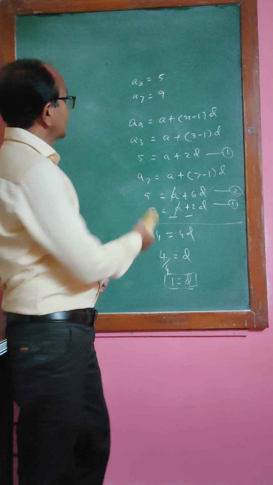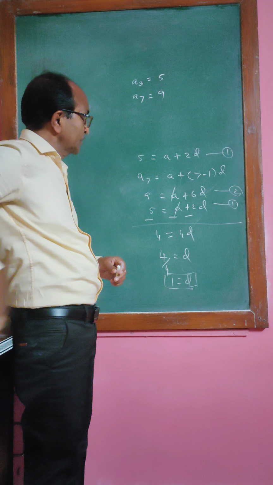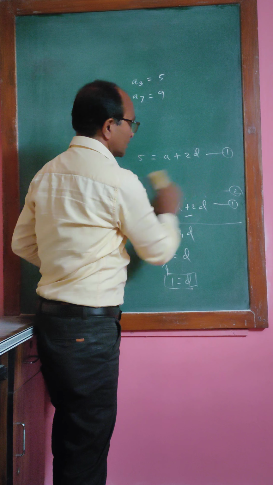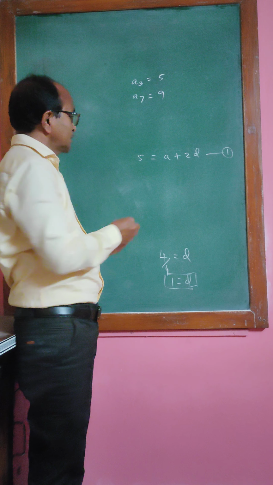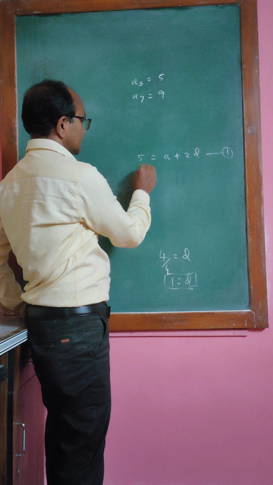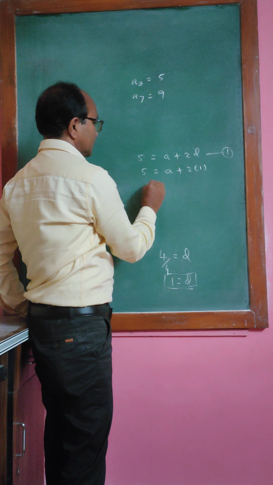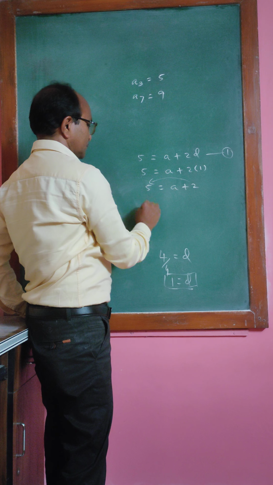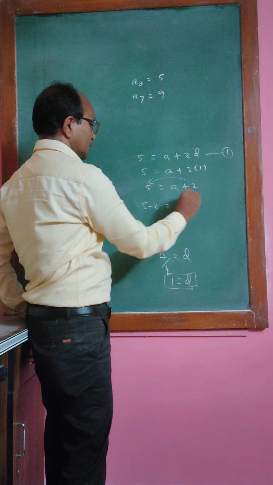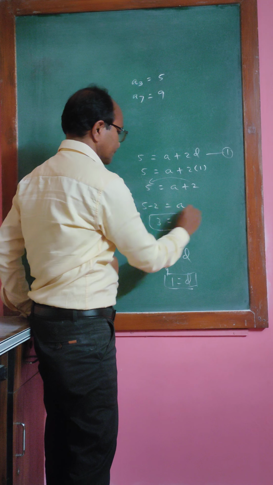Then put the value of d in equation number 1. The value of d is 1, so 2 into 1, 5 is equal to a plus 2. 5 minus 2 is equal to a, and a equal to 3.